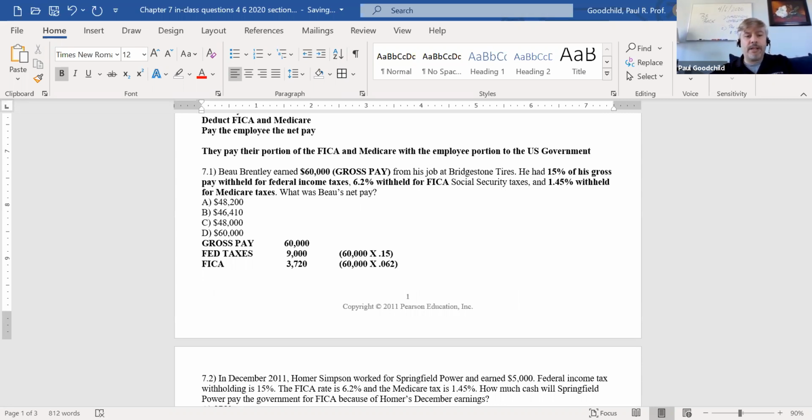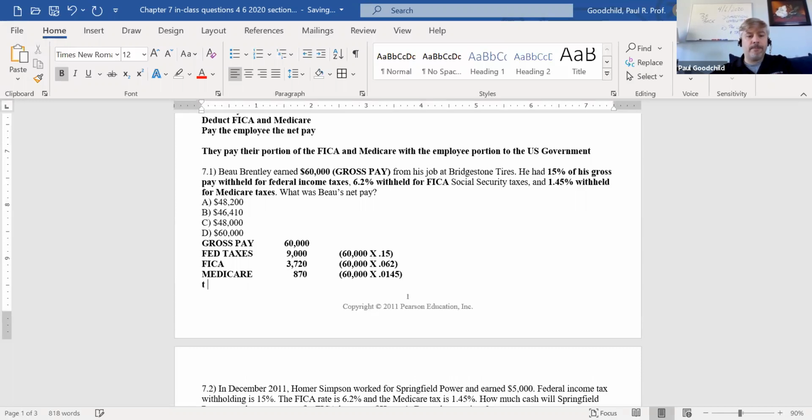And then we take the Medicare, which is 870. And that's 60,000 times 0.0145.